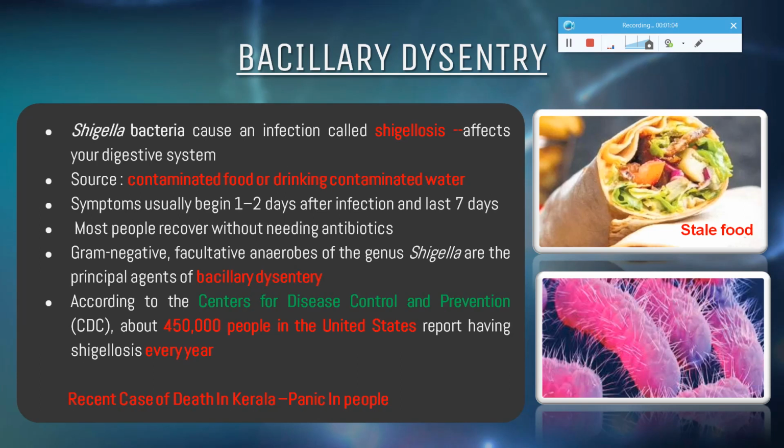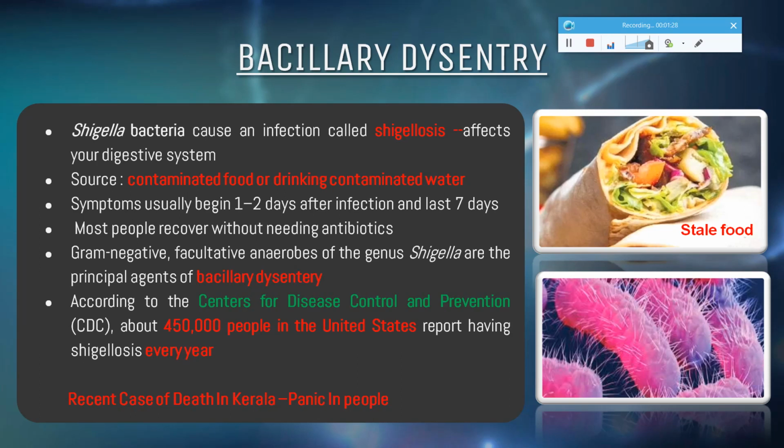This is not a new disease. Shigella infections were there from before, but the recent case has led to panic in people because they were not aware why the death had happened. But after the post-mortem report, they identified that the reason for death is Shigella species which had infected the person. So contaminated food or water samples can lead to these issues.